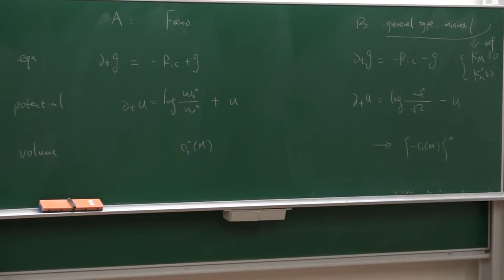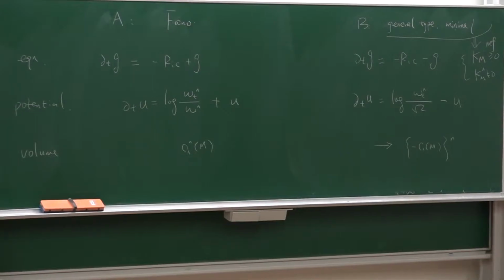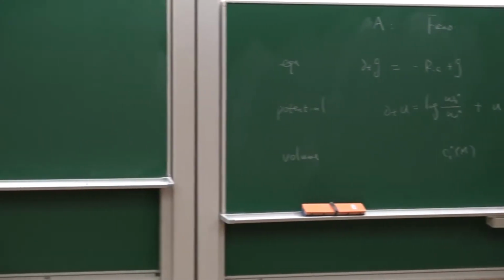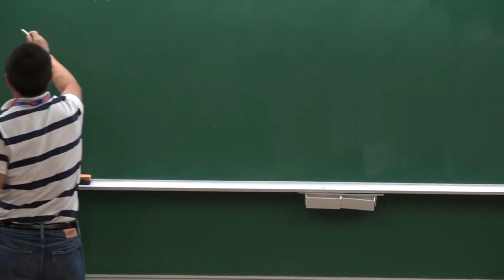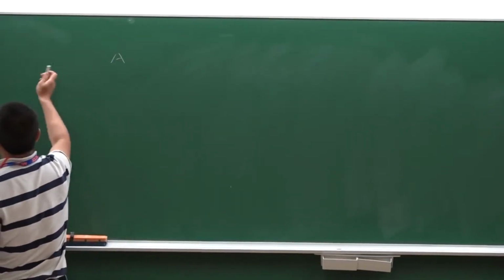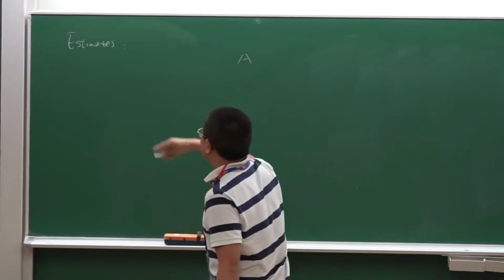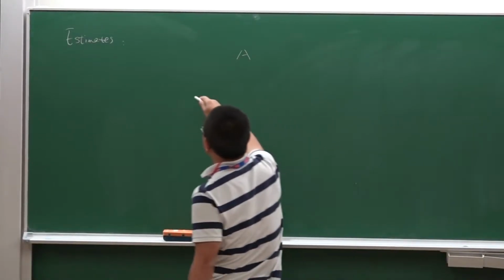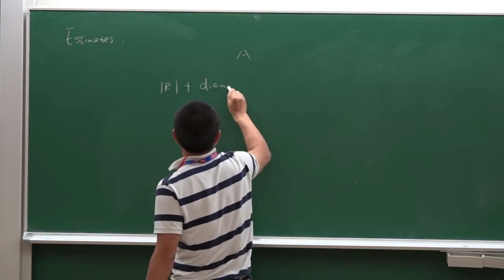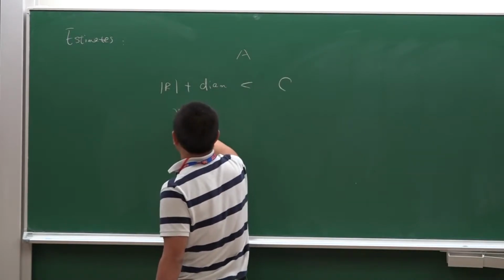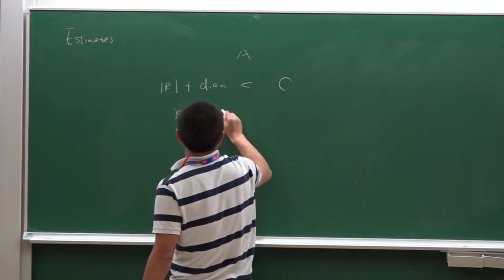Okay, so now we compare. I recall some estimates. So for type A, we have the estimates by the entropy method of Perelman. Perelman shows that the scalar curvature plus diameter is bounded, kappa non-collapsing.